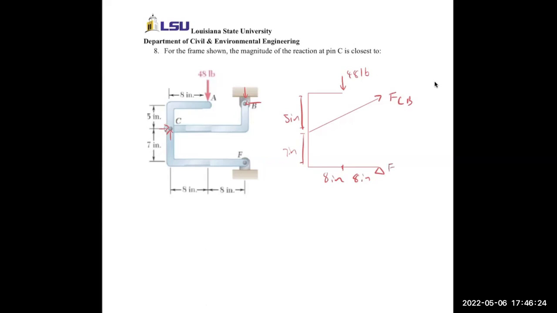Well, since we want to determine what FCB is, we can only take a moment at F right here, because F is the only reaction right now since we consider CB as a two force member, so that pin B is gone. So we can only take a moment at F right here.